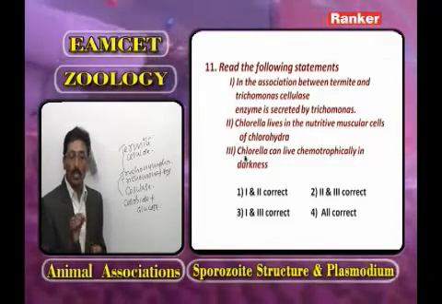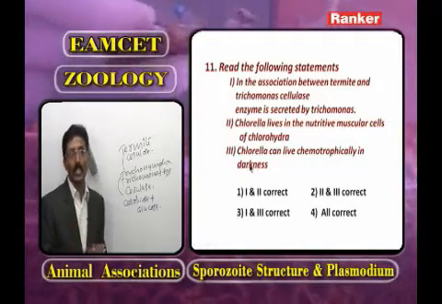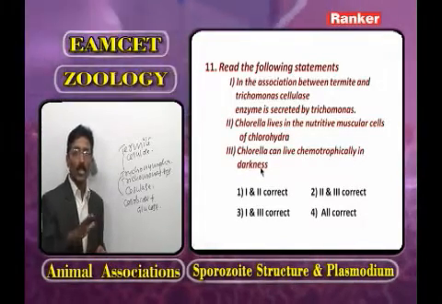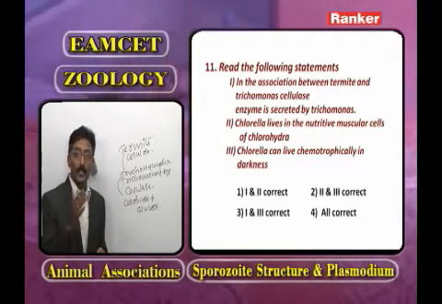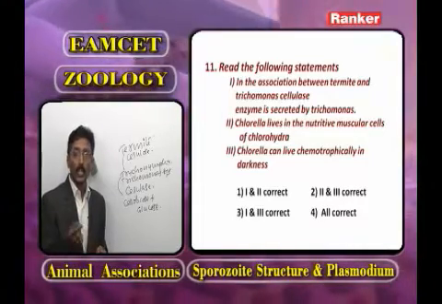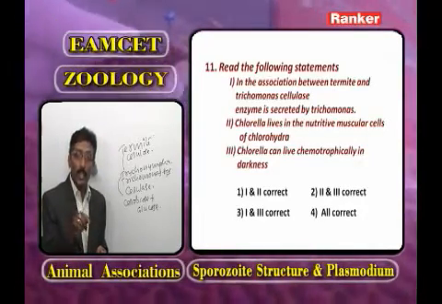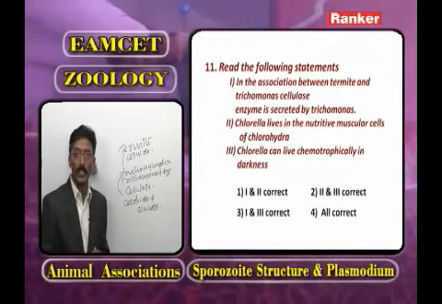Third one, Chlorella can live chemotropically in the darkness as long as light is not available. No doubt the Zooxanthellae performs photosynthesis. Whenever light is absent, the Zooxanthellae utilizes the metabolites given by Chlorohydra and prepares its own food materials.